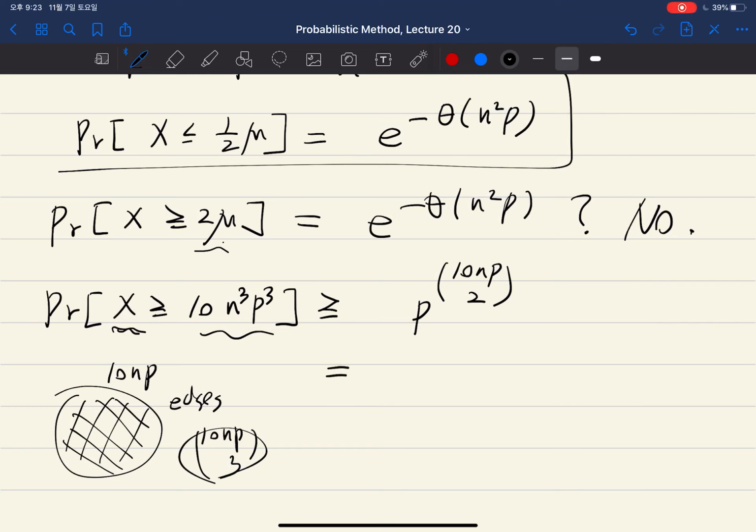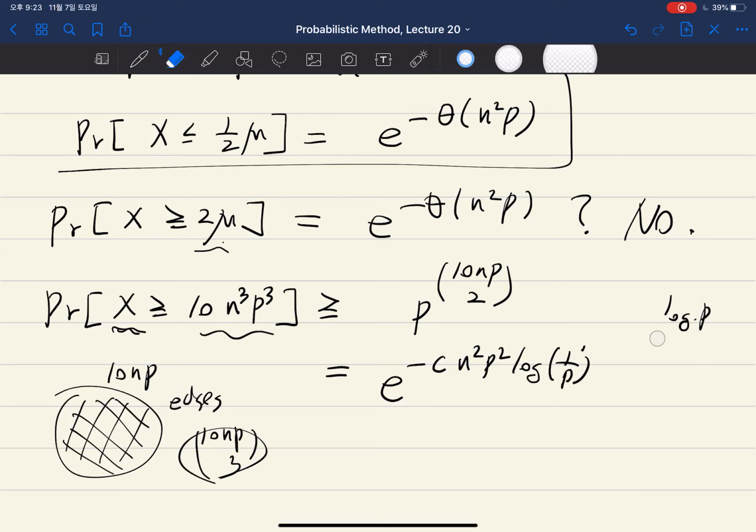Then roughly what this is, if you consider p as 2 to the log p, and you multiply them, then this is e to the, say, some constant times n squared p squared log 1 over p. If you think about this, n squared p squared log 1 over p is p times p log 1 over p.